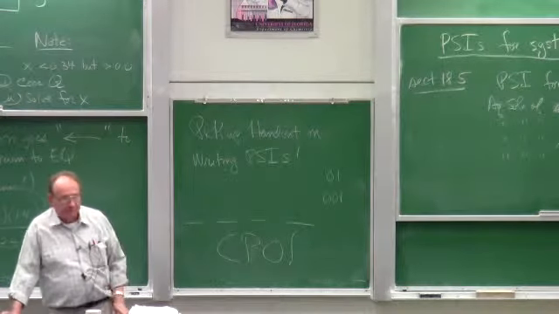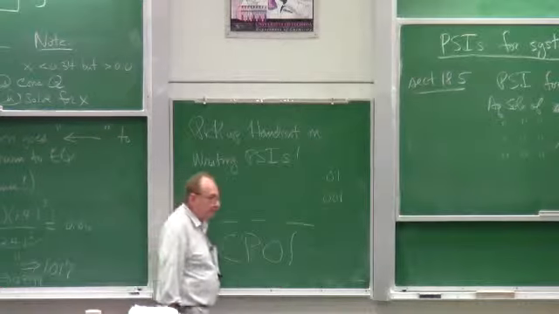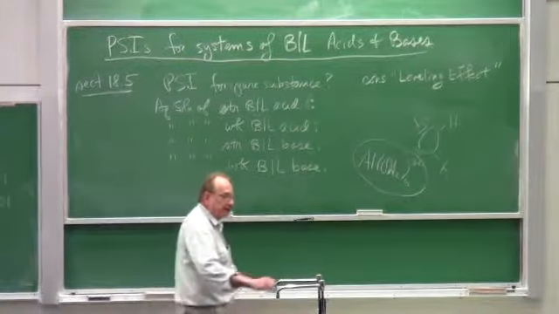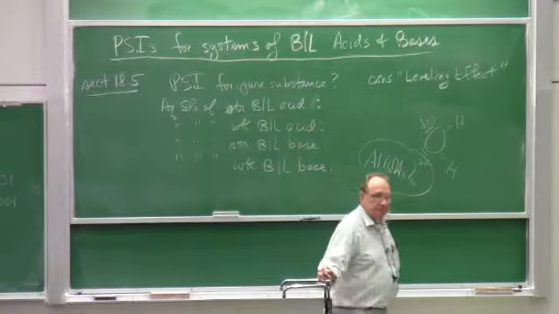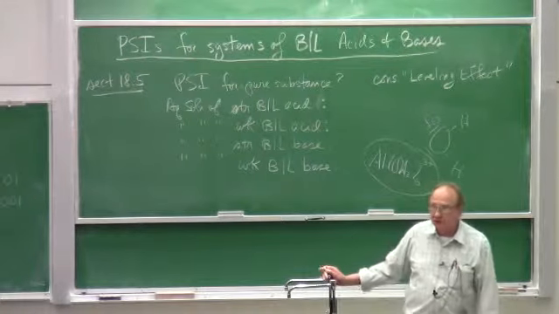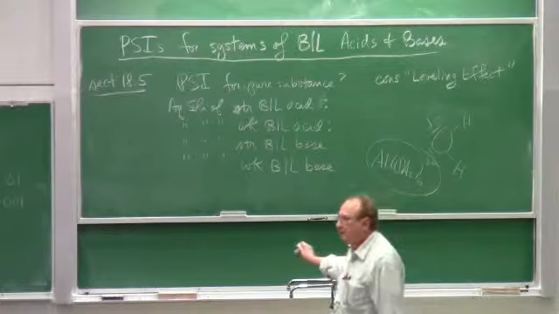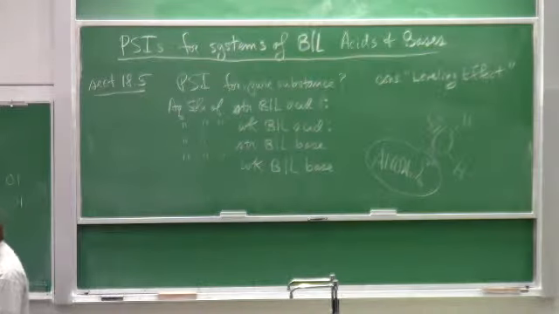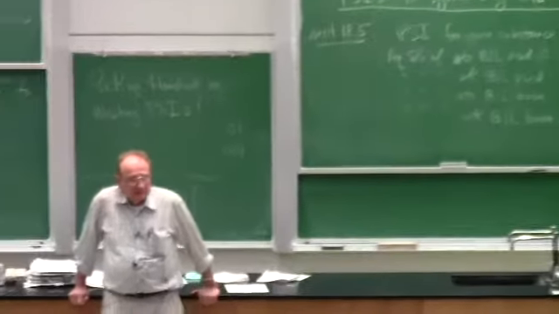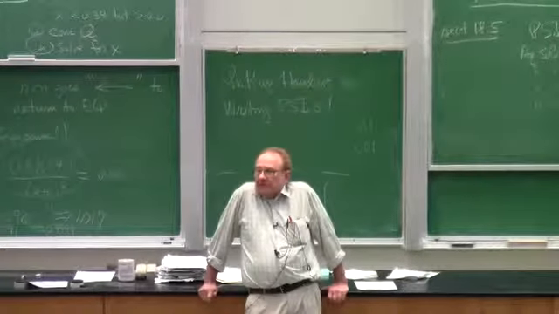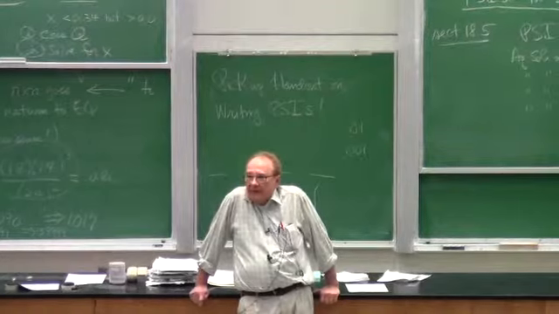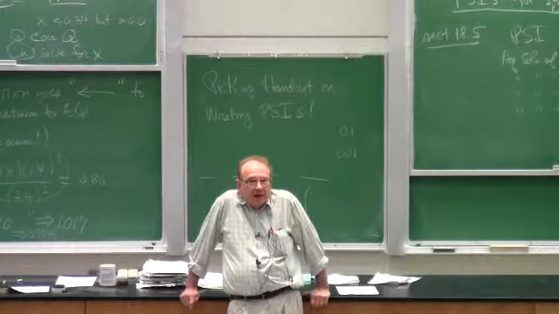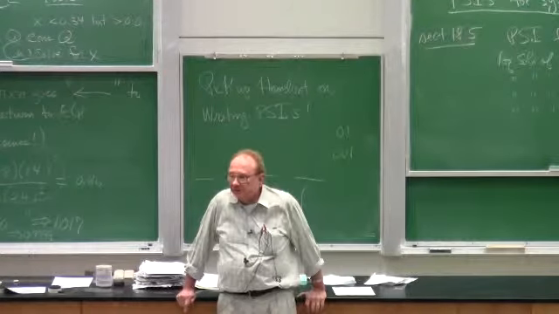PSI. If in a system a reaction occurs, the simplest and best way to express the chemistry shown by the reaction is to do what? A reaction occurs in a system.